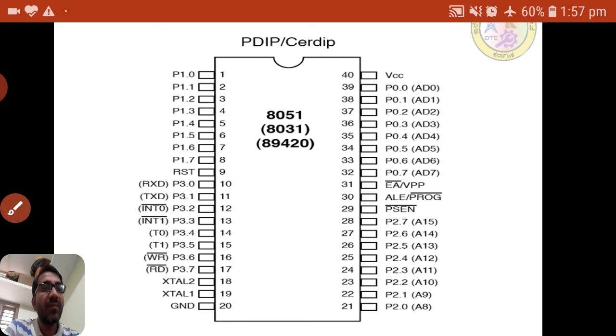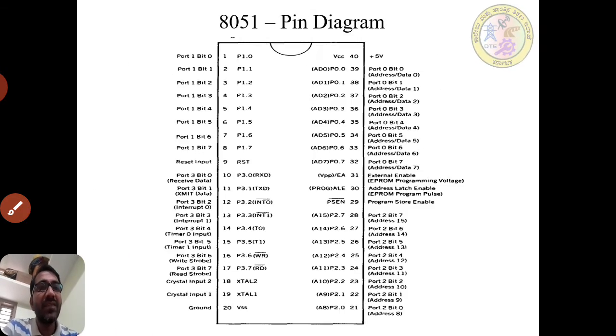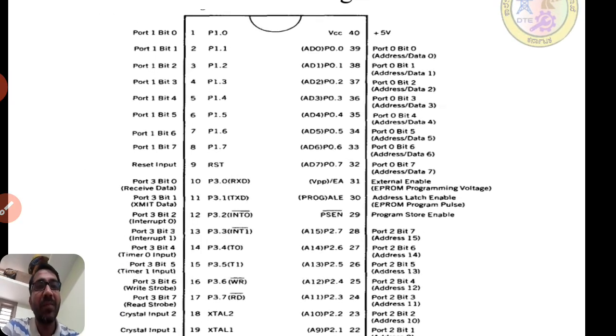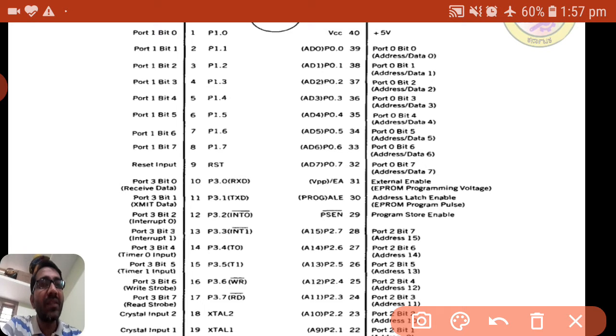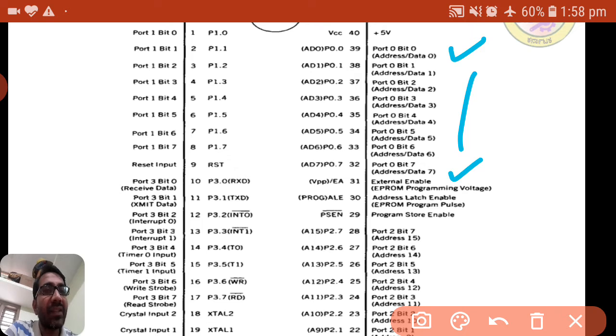This is one pin diagram, and this is one more pin diagram. Here it is the extension of the same pins, for example AD, which is address and data. As the text is very small, I have taken both diagrams, showing address and data, external access, address latch enable, program store enable, and here RxD means receive data, TxD transmit data, interrupt 0 and 1, timer 0 and 1, write and read.